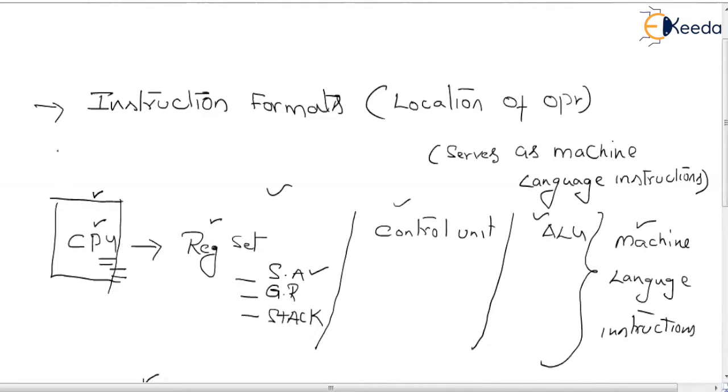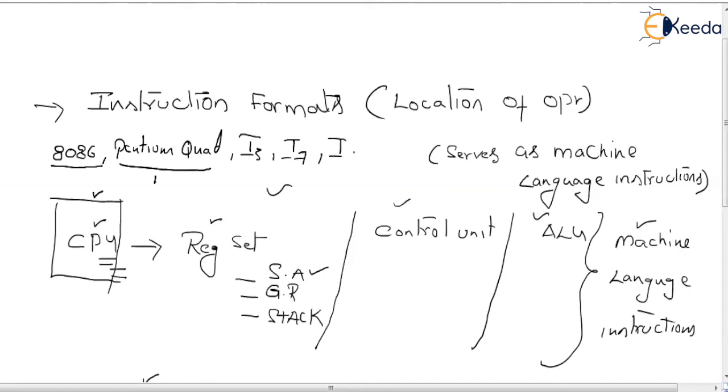Let us say I have 8086. 8086 has its own machine language instructions, followed by Pentium quad core, which also has its own machine language instructions. And i3, a set of machine language instructions. i7, a set of machine language instructions. i9, a set of machine language instructions.